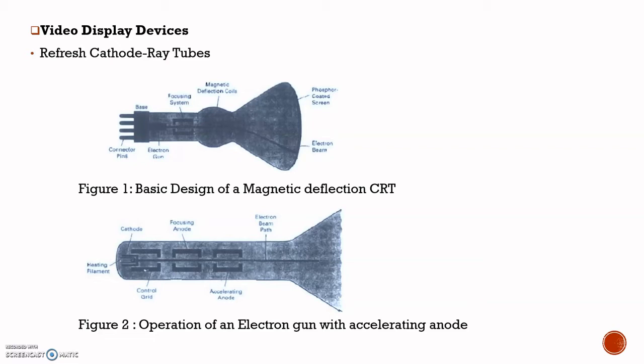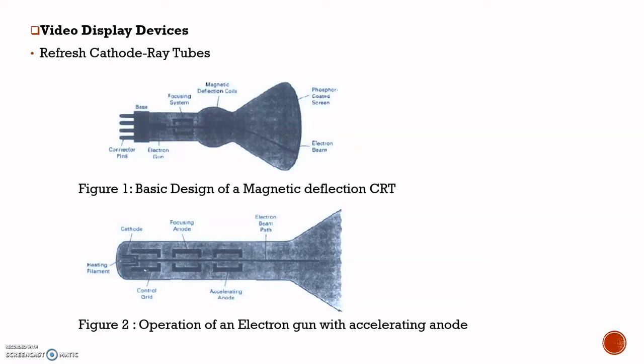The electrons being emitted by the electron gun pass through the focusing and deflection system. We can see a focusing and deflection system there. The electrons pass through the focusing and deflection system that directs the beam towards the specified positions on the phosphor-coated screen.